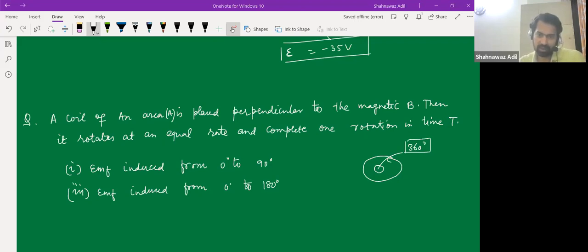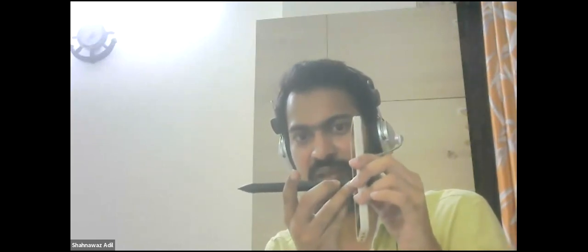so you have an area of coil. So this is a coil of an area A, and the magnetic field is perpendicular to this area. Okay.